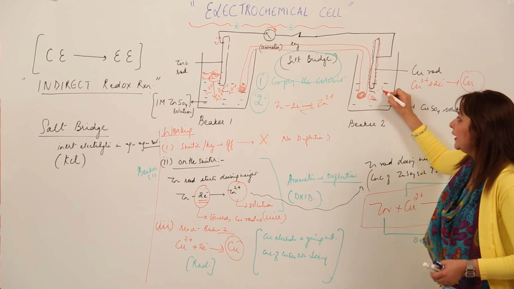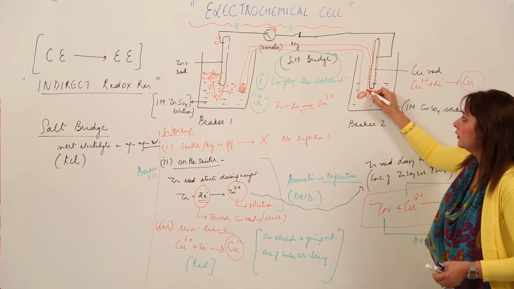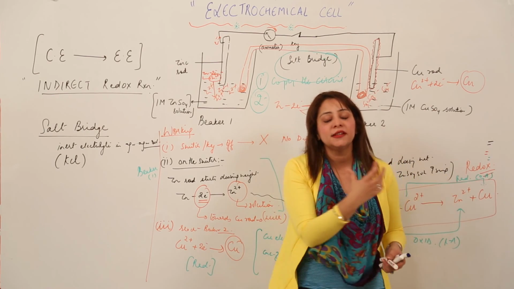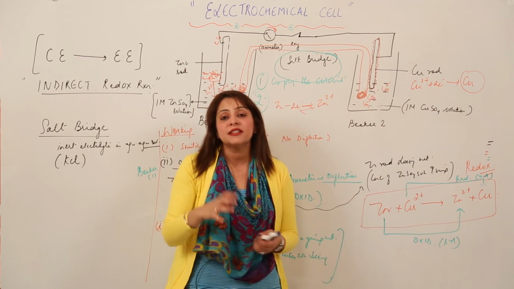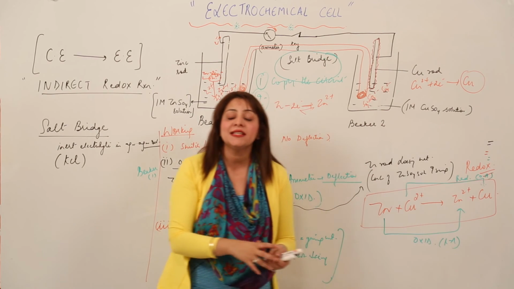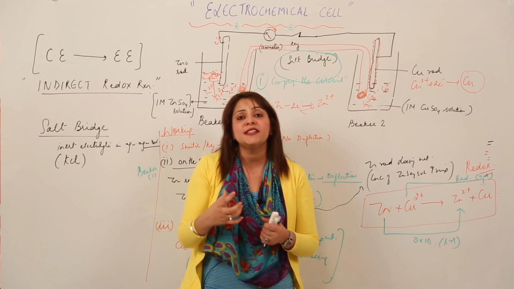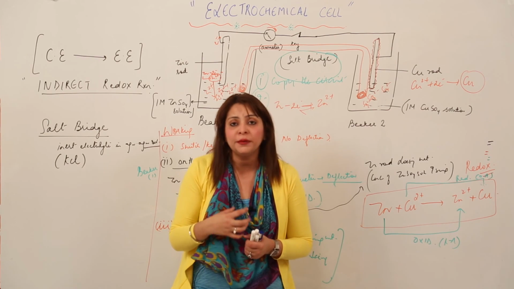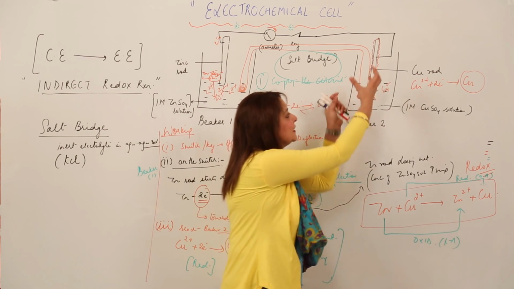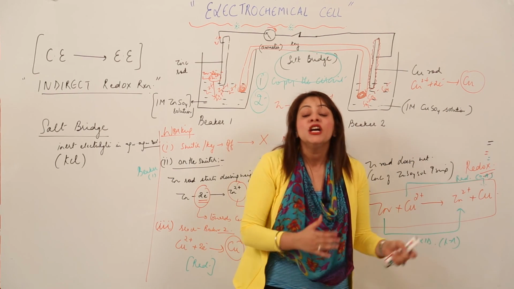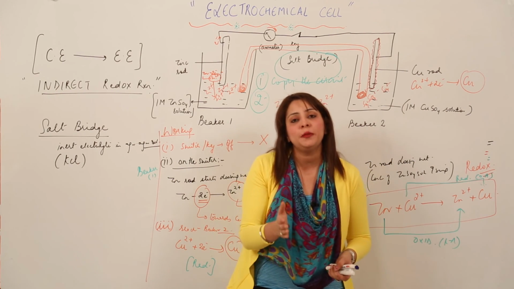So there are many sulfate ions which surround the copper rod. As you can see, the sulfate ions are negatively charged, so they will repel the negative charge from coming. If less negative charge is coming, how will the copper get reduced, right? So at that moment, the salt bridge plays an important function.